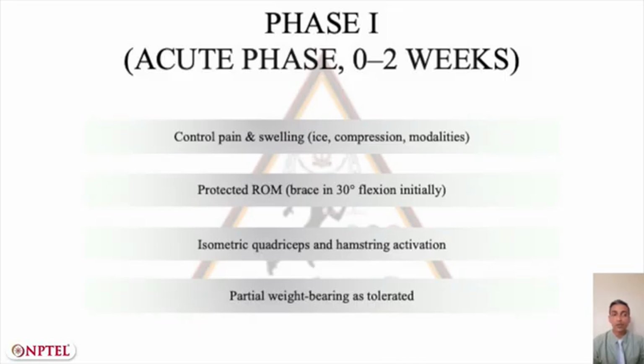The criteria to progress includes pain and swelling to be under control, full passive extension to be achieved by the patient, a straight leg raise without lag, and knee flexion more than 90 degrees.